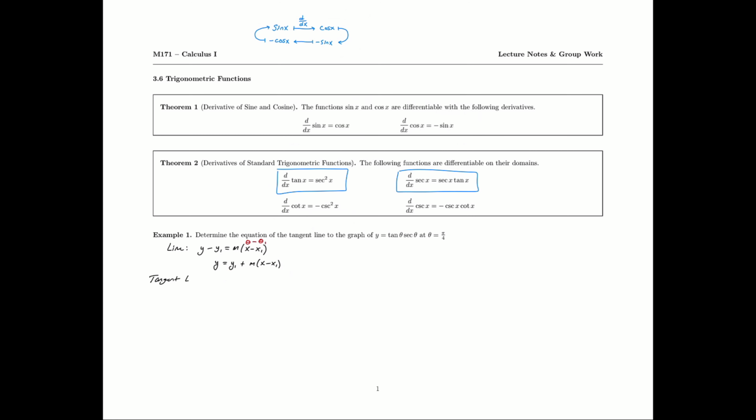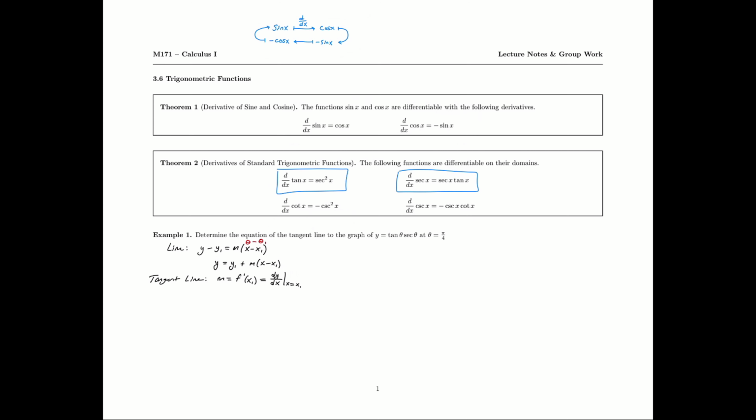it's practically the same thing. The only difference is for a tangent line, our slope is the derivative at our x value, x1. Or in the other notation, the Leibniz notation, this would be dy dx at x equals x sub 1.